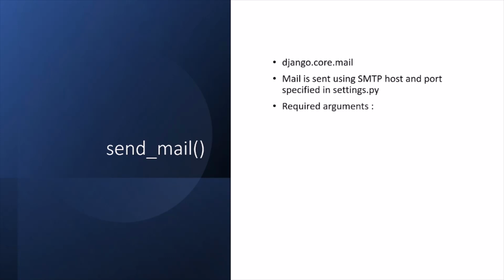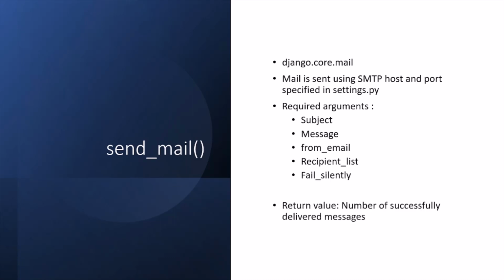In terms of the arguments, the required arguments are the subject of the email, the message, the sender, the receiver or receivers, and this will be in list format, and fail silently, which will be false, so that if there is an error, then an exception will be raised. In terms of the return value of this function, it's going to be the number of successfully delivered messages. Now, since there is just one email going out to one or more recipients, the return value will be 0 or 1.